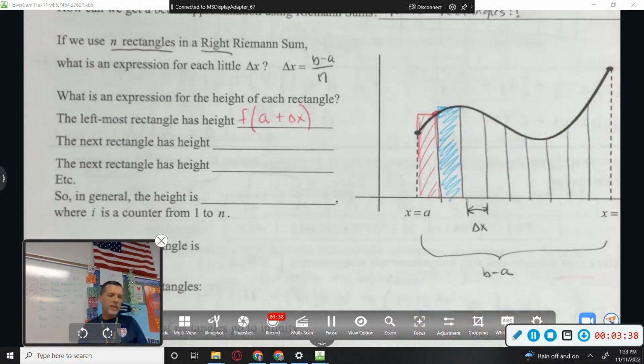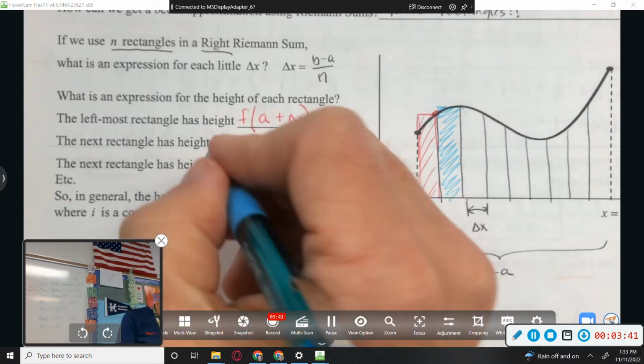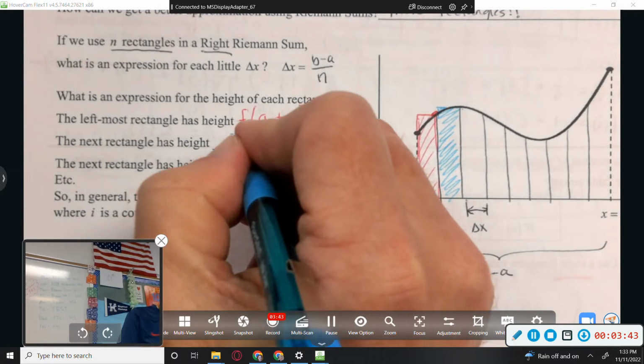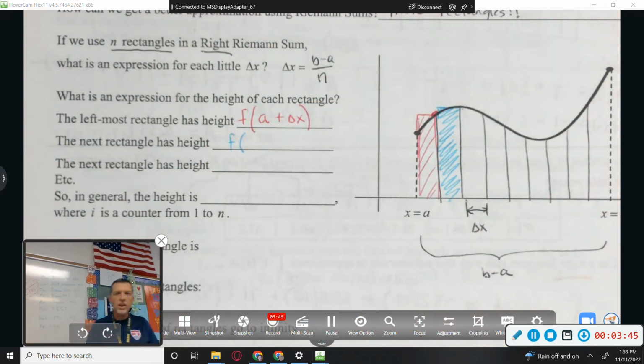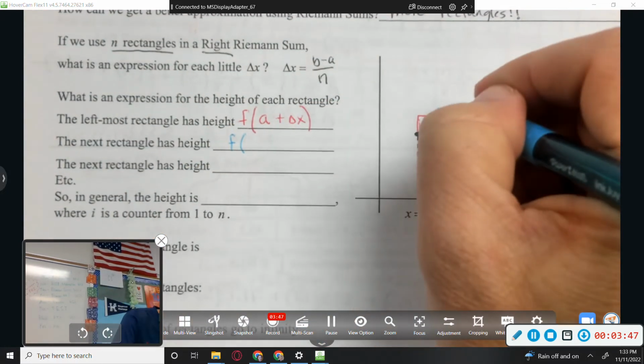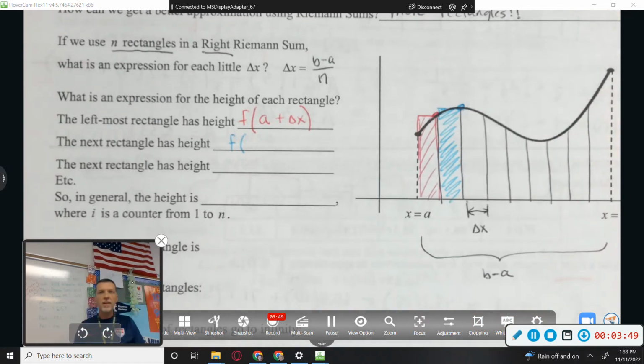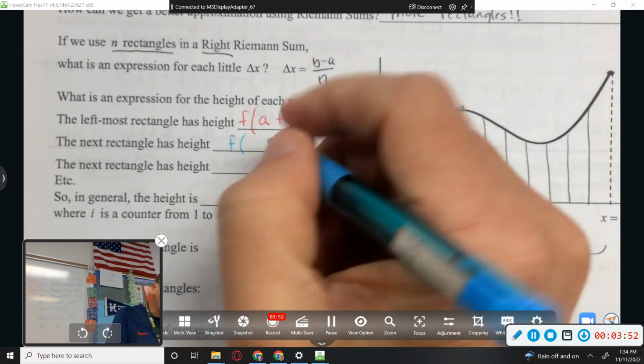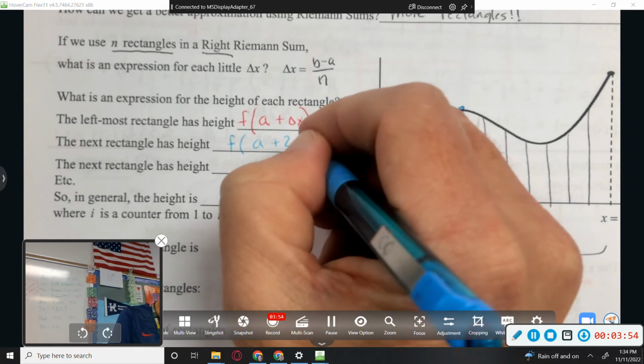The next rectangle has a height, so a y value, f of, well, this point right here. It's 2 delta x? Yep, we're at a, but we moved over 2 spots, a plus 2 delta x.